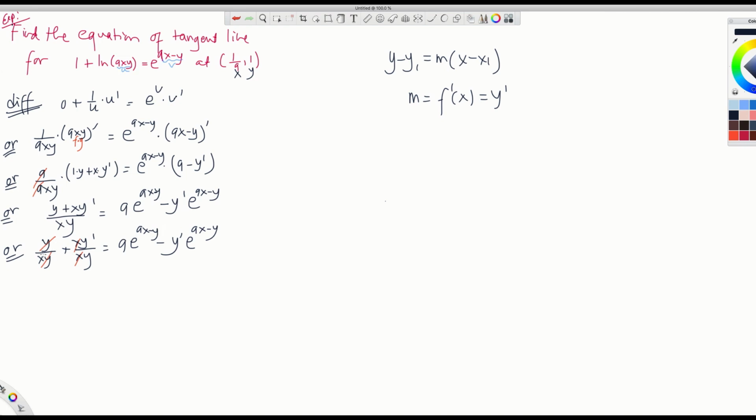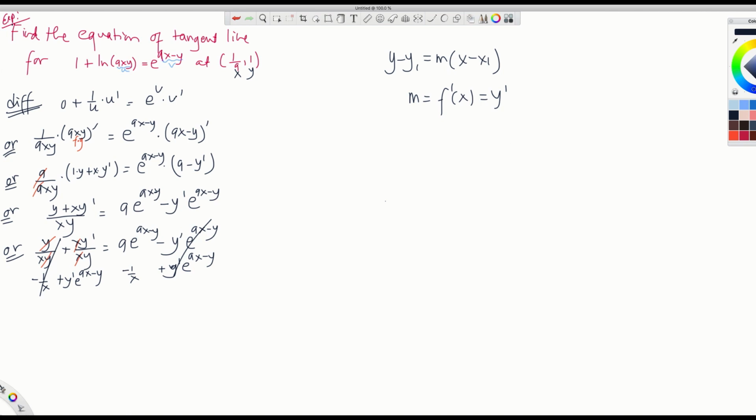What I want to do is subtract 1 over x. Okay, and then let's subtract 1 over x, and I want to add y prime e to the 9x minus y, plus y prime e to the 9x minus y. That's what I want to do. So let me cancel the things. That will cancel out, right? And then what is that?